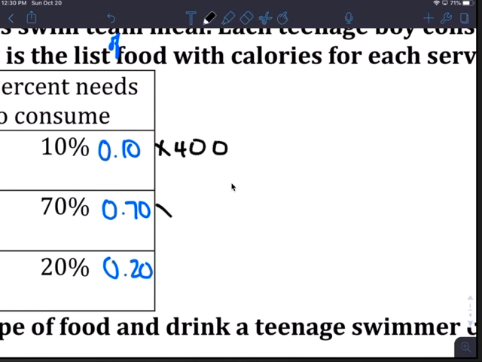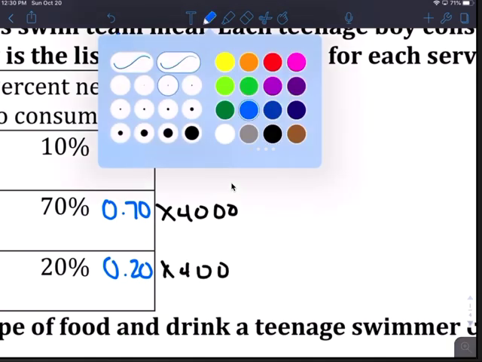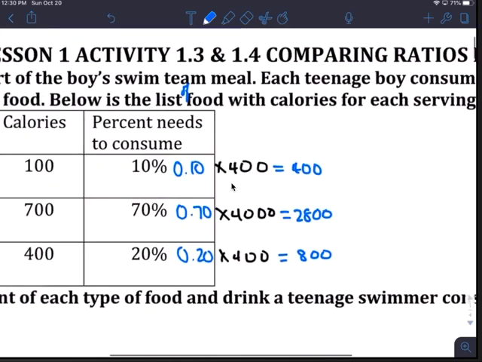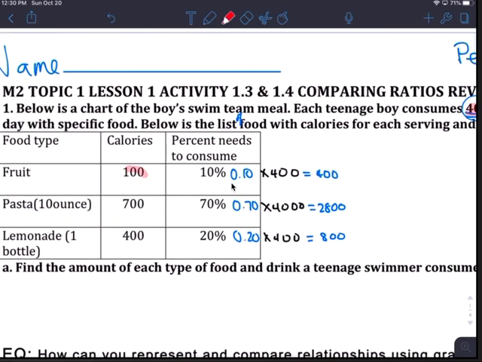Times it by the 4,000 calories, and then you'll get 400, 2,800, and 800 here.